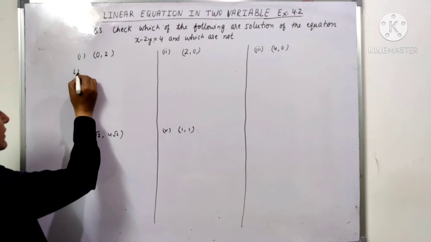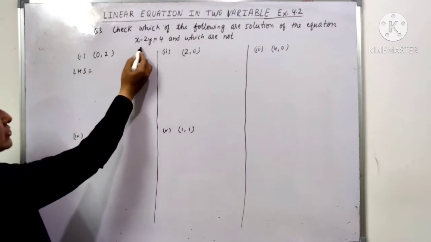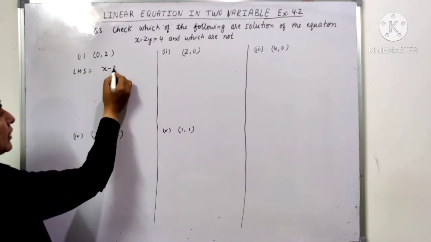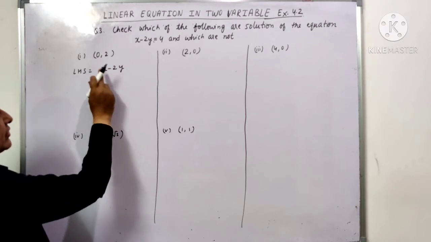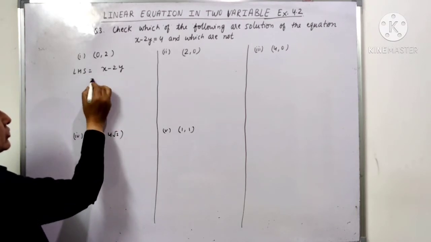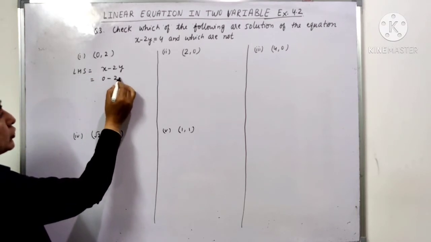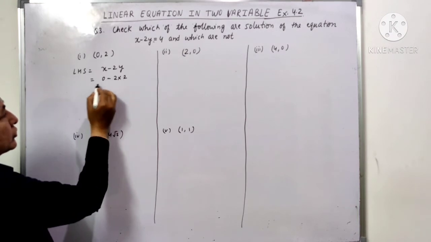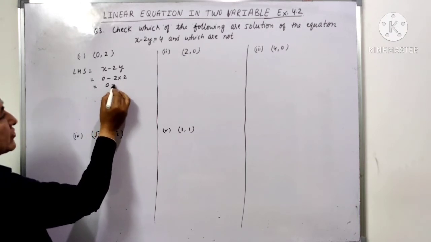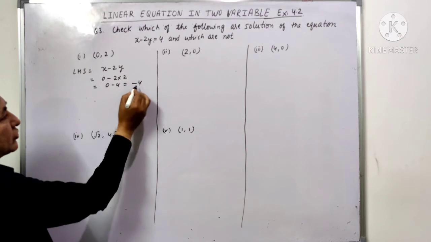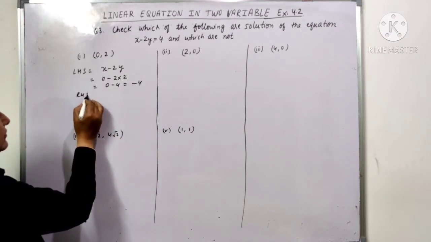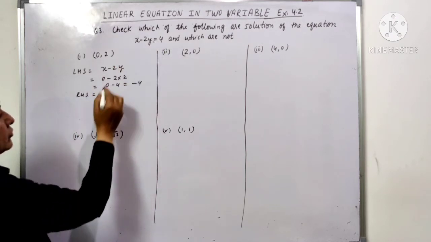Let us see, this is x and this is y. First we'll take the left hand side, that is x minus 2y, and put the values of x and y. So 0 minus 2 into 2. When we solve this, 0 minus 4 equals minus 4. And what is the right hand side? Right hand side is 4.